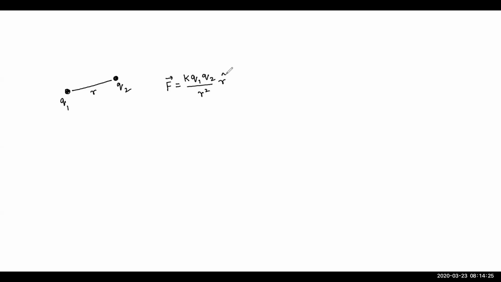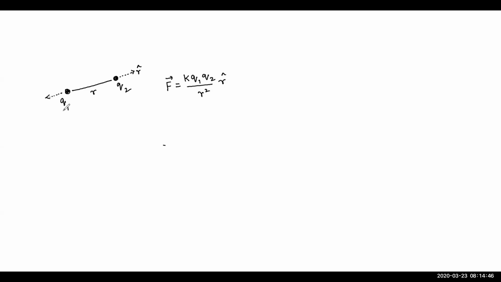And what does this mean? Well, Q1 and Q2 represent the charges. r represents the distance between the 2 charges. And r hat represents the unit vector in this direction. So this is r hat, right? And similarly, if I was talking about the other charge over here, this would be the relevant unit vector.